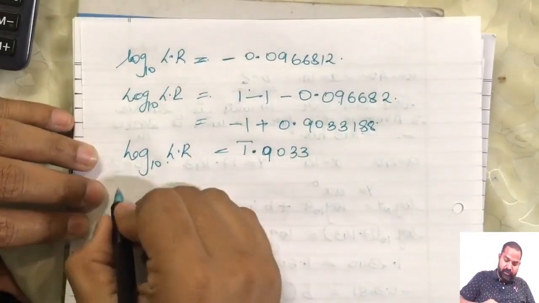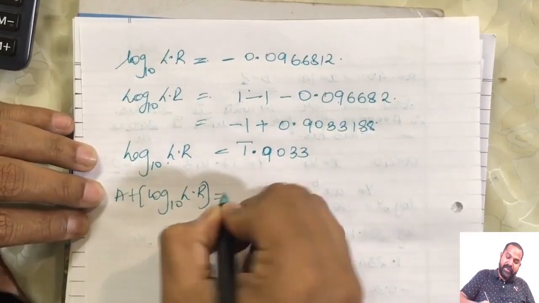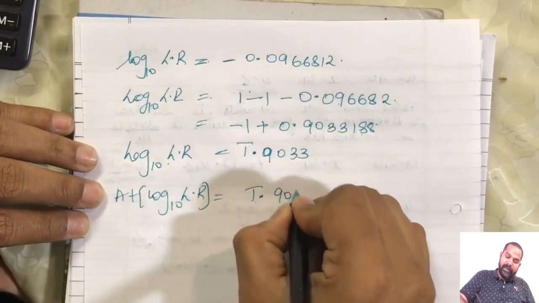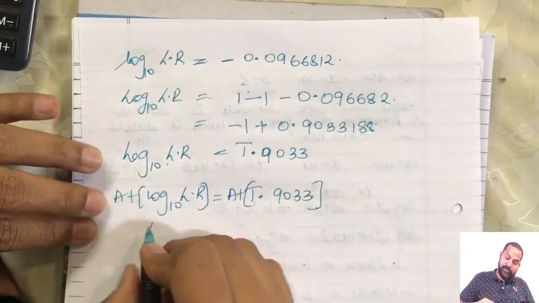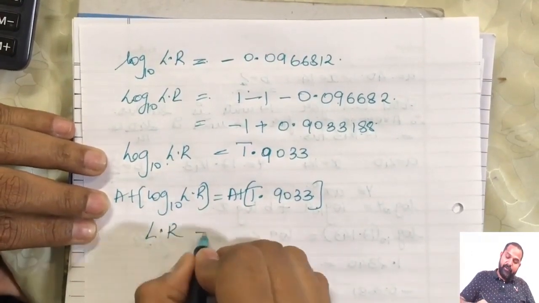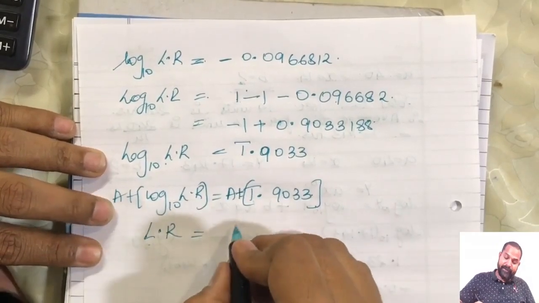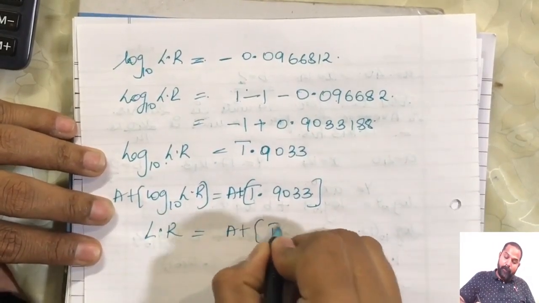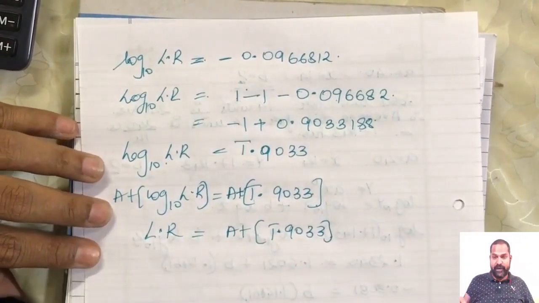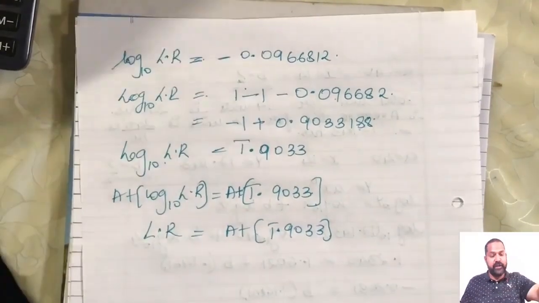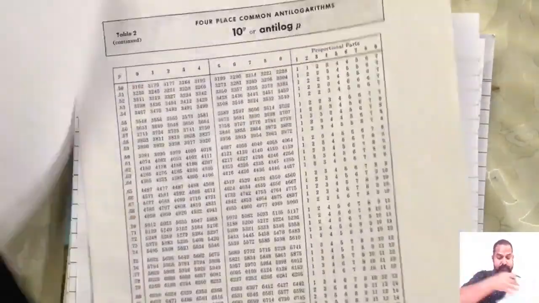Taking anti-log on both sides, anti-log of the log of the learning rate is anti-log of bar 1.9033. Because the log and the anti-log nullify each other, the learning rate is given by anti-log of bar 1.9033. My mantissa is 0.9033. So I will look for the anti-log of 0.9033.